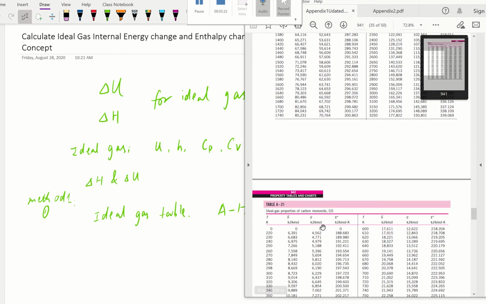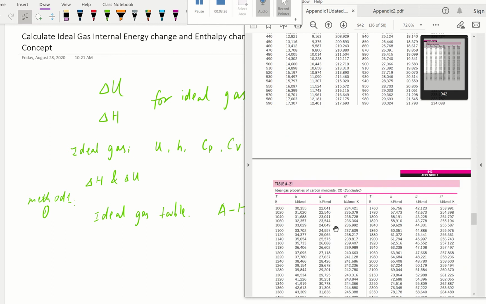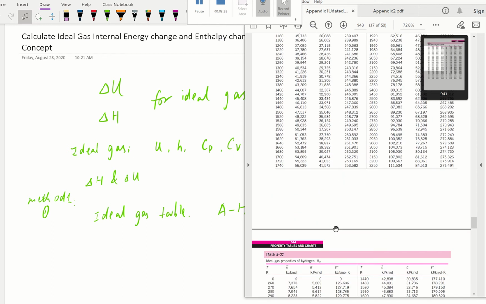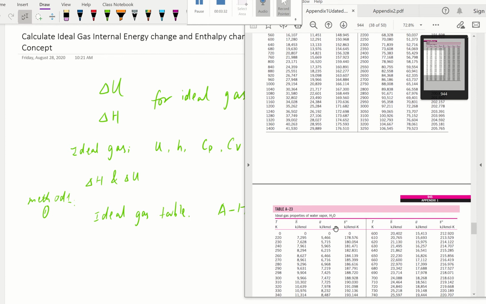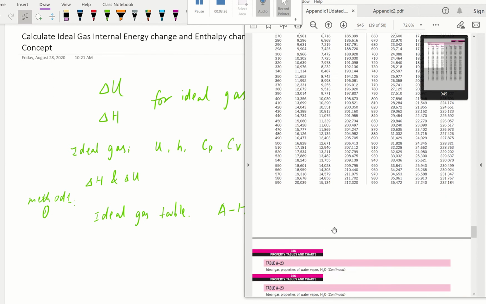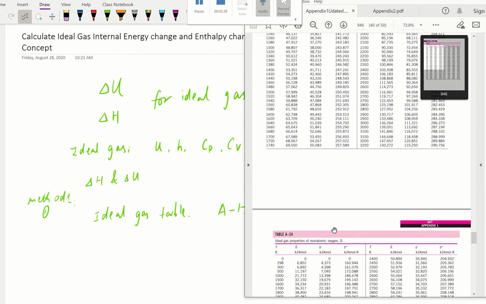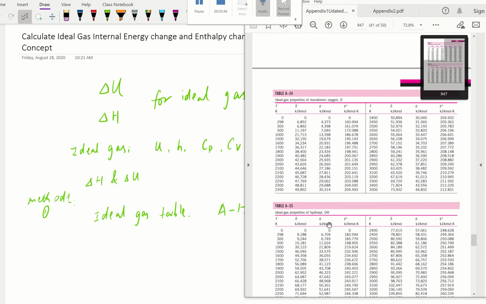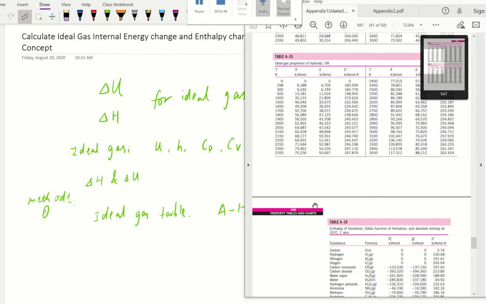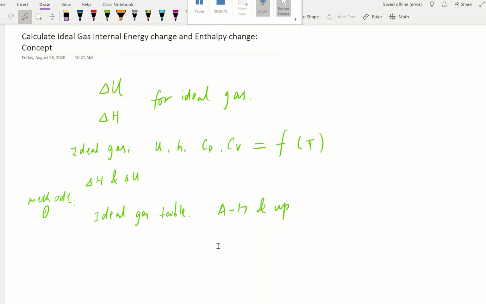A21 is carbon monoxide, and A22 is hydrogen. A23 is ideal gas for water vapor. A24 is monatomic oxygen, and A25 is hydroxyl. All right, I think that's where it ends. So that's the ideal gas table.